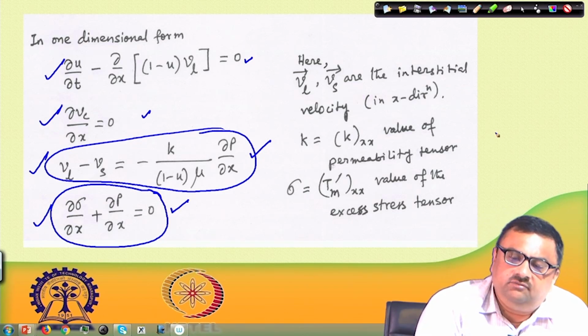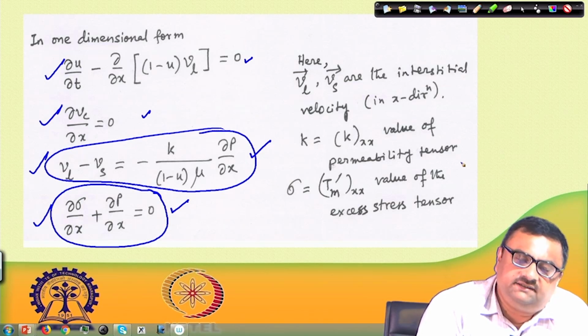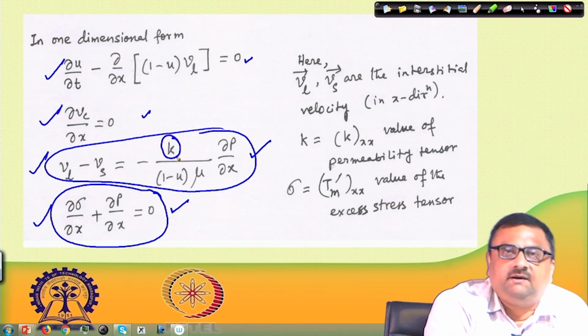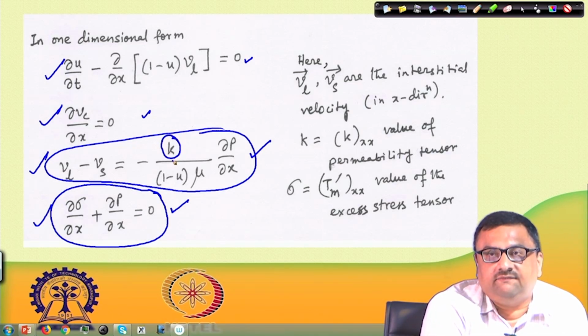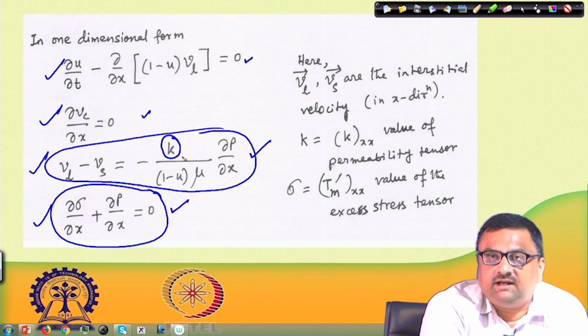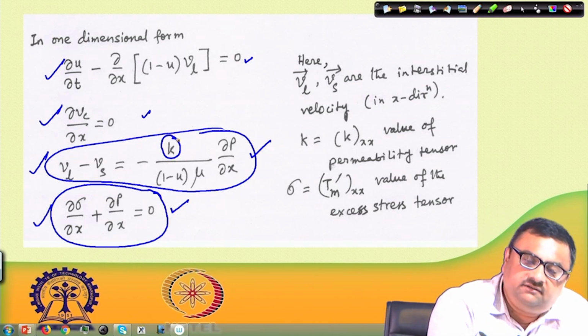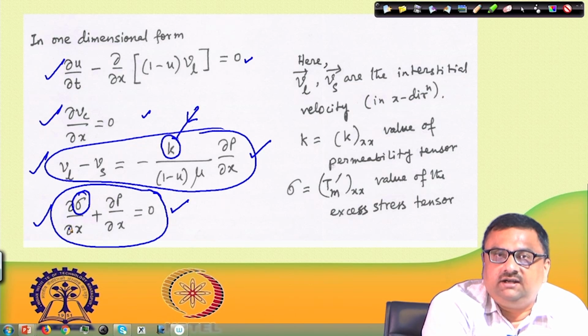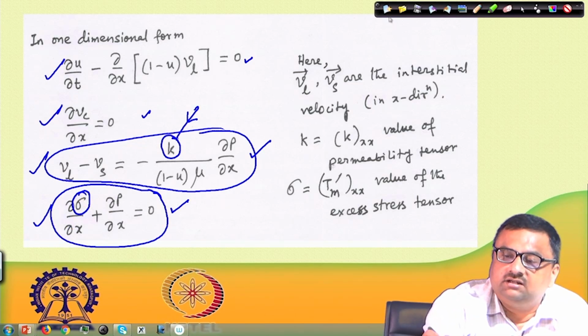So, what we will do in the next class is, first of all we have this permeability term, which we said was a function of F, the deformation gradient. The other term we are concerned with is sigma. We need to find out how these terms are going to change.